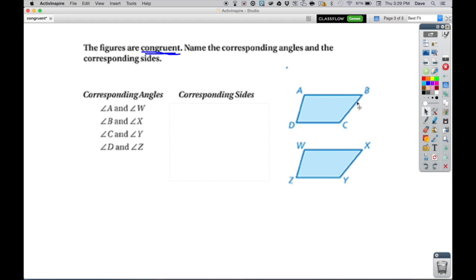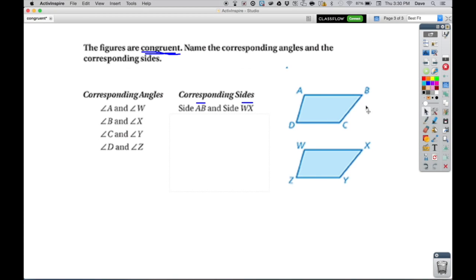And since there's no double arrows here showing that this goes on forever, we call this a line segment. It starts and it stops at A and B. And so we'd write it like this: side AB and side WX, or sometimes you'll see it like this. Instead of side AB, they'll put a little line above AB, a line segment, and a line segment above WX. Either way, that's fine, although you'll see this more often in future assignments.